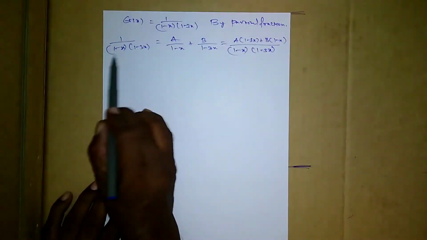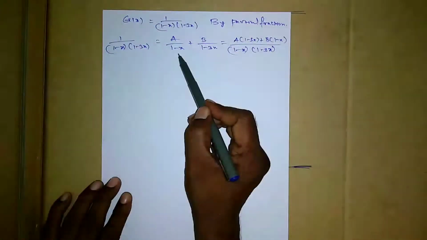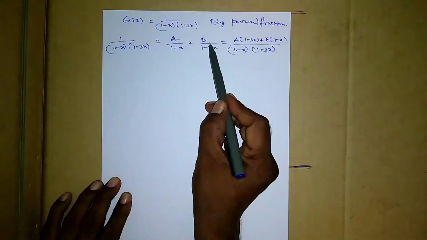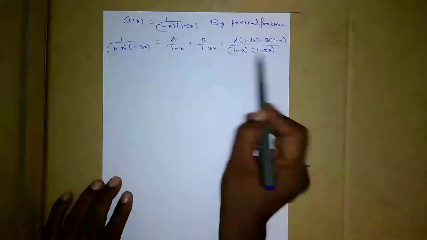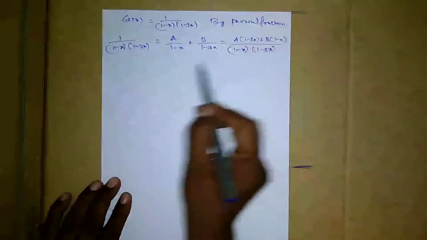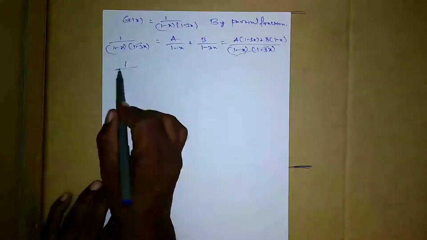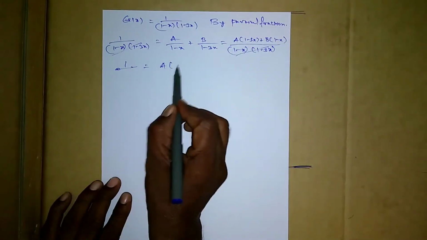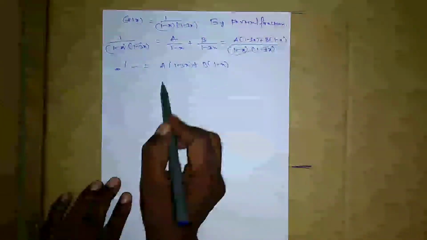These two are linear terms, therefore in the numerator we have a constant divided by the linear factor. Cross multiplying and taking the LCM, and cancelling the denominators, 1 = A(1 - 3x) + B(1 - x).